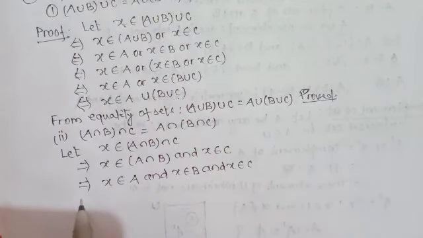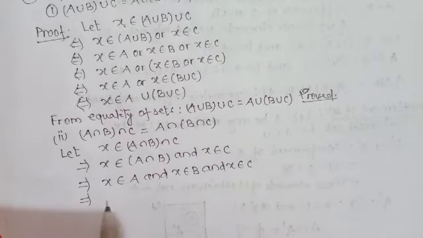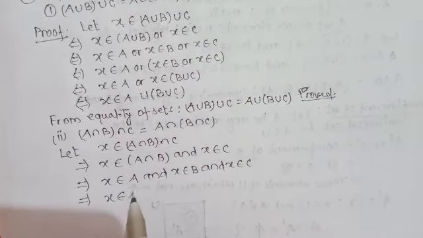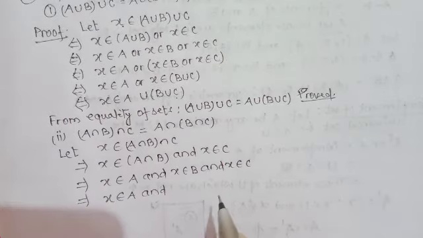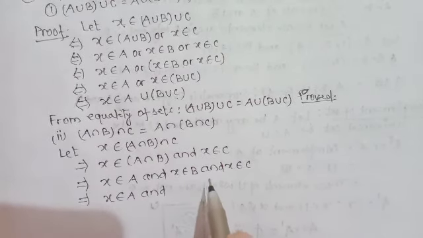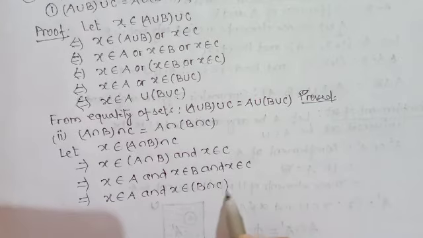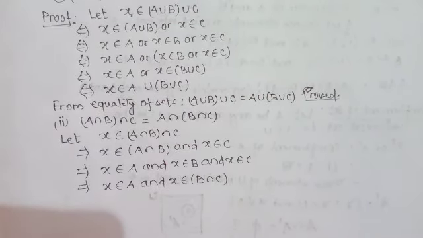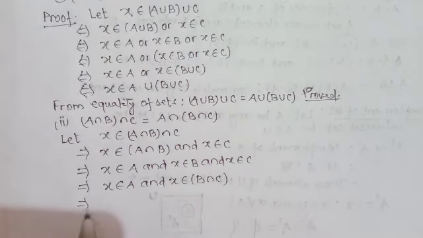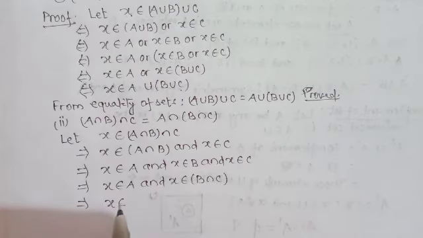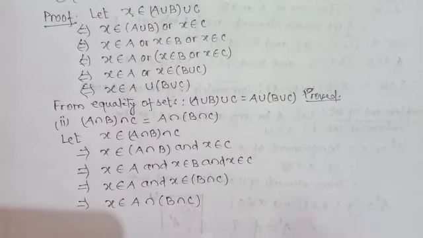So write the last two terms within a bracket, means x belongs to A and see here x belongs to B and x belongs to C. It means x belongs to B intersection C. Again, eliminate this sign of and, so this should be written as x belongs to A intersection B intersection C.